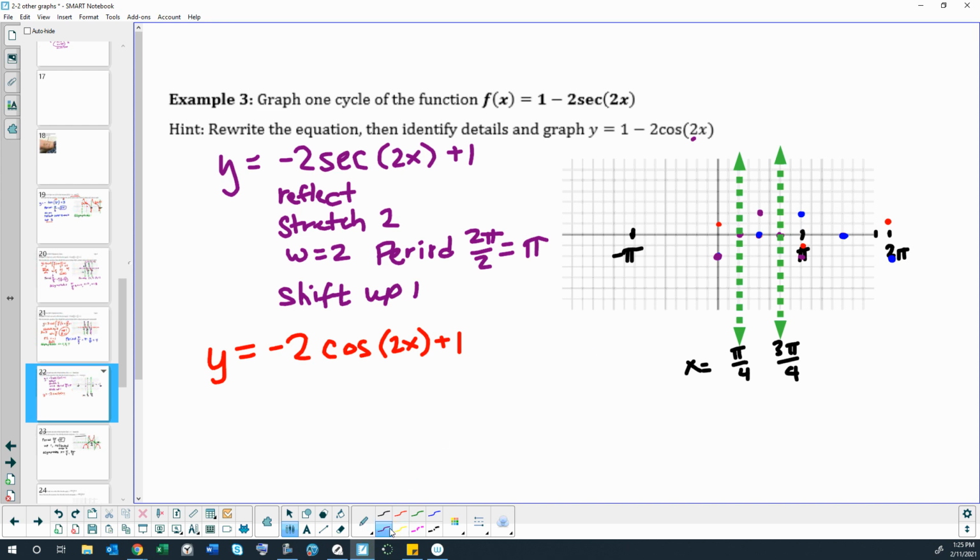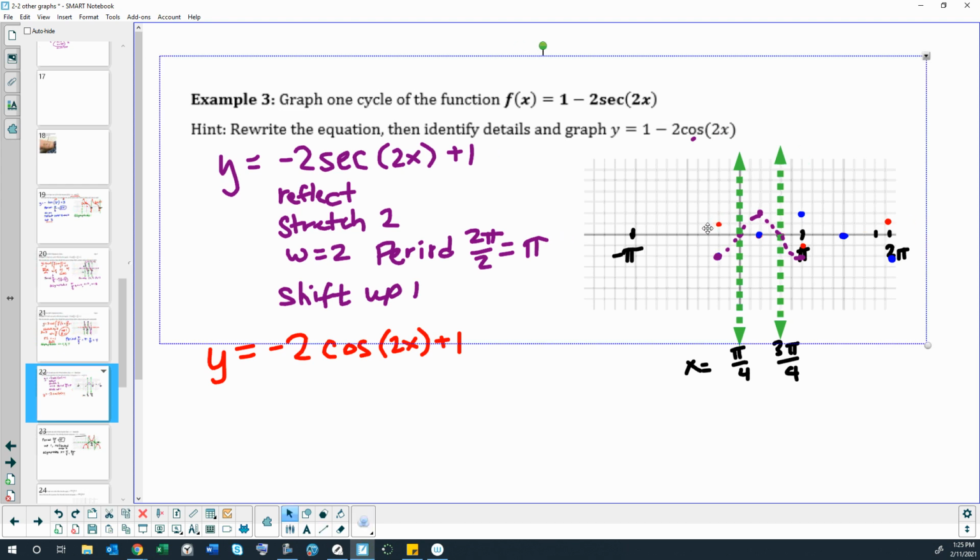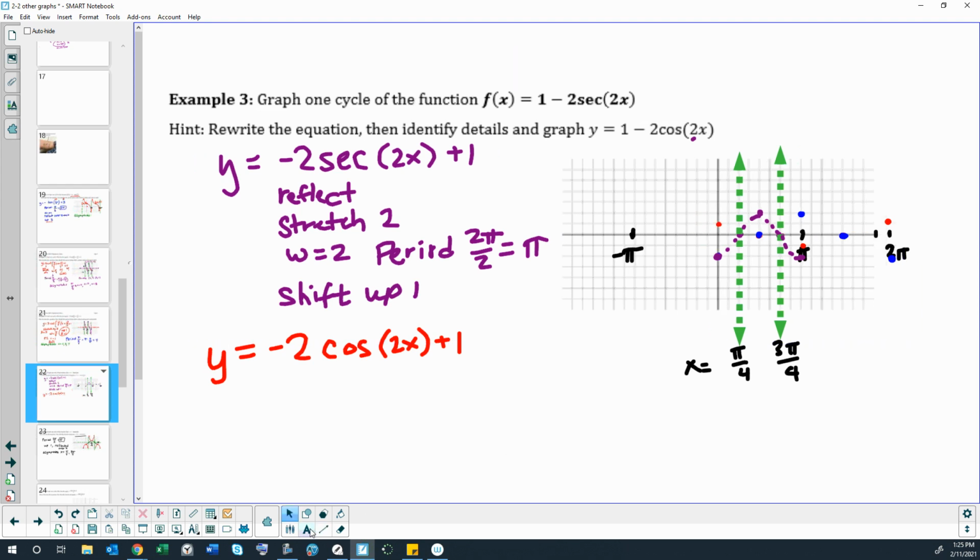And so I kind of want to just dot this in here. There's our little cosine graph. So that means our secant graph is going to be a reciprocal of that. But let's not forget the vertical shift. So vertical shift means everything's going to be shifting. Oops, that's not quite what I meant to do. Grab that, drop there.